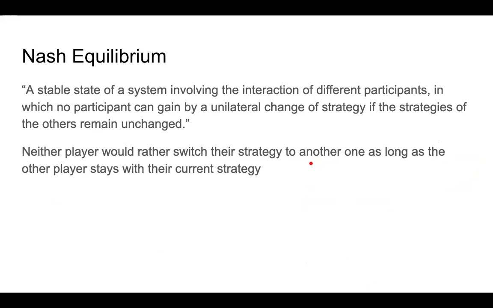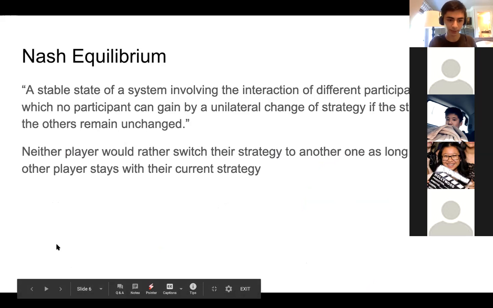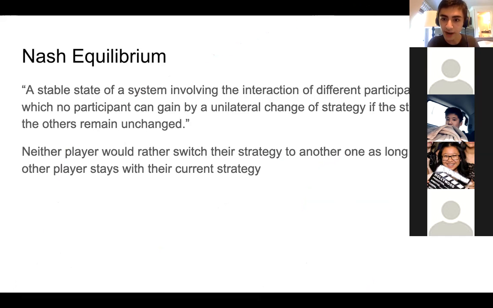Okay, so Nash equilibrium. This is a bit of a hard topic to understand, so I'm going to go through this slowly and repeat myself a lot. The Wikipedia definition of Nash equilibrium is a stable state of a system involving the interaction of different participants in which no participant can gain from a unilateral change of strategy if the strategies of the others remain unchanged.